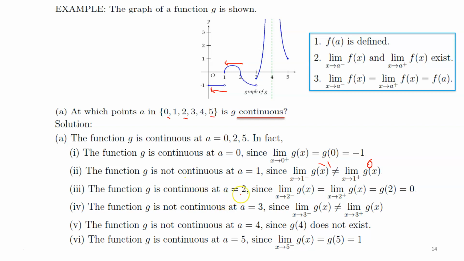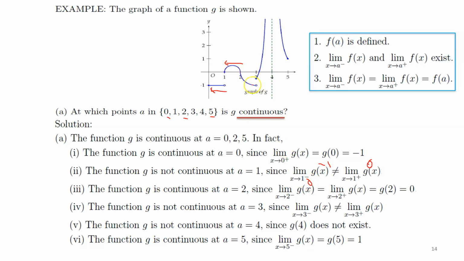And then let's see for 2. We check it for 2. For 2 over here, you have 1 from the left. From the left, curve dia daripada left, the answer is equal to 0. Dia menghampiri 2, the answer bertemu dekat sini. So it is 0. How about from the right?